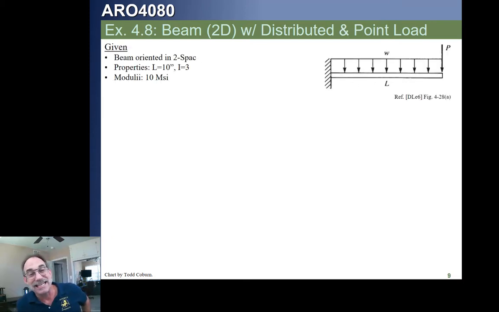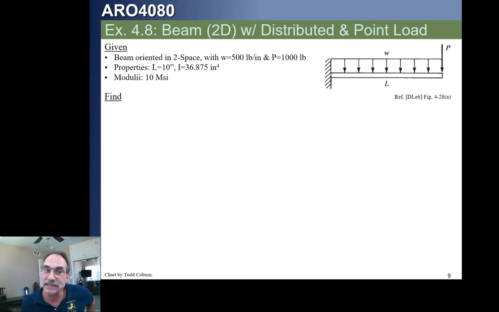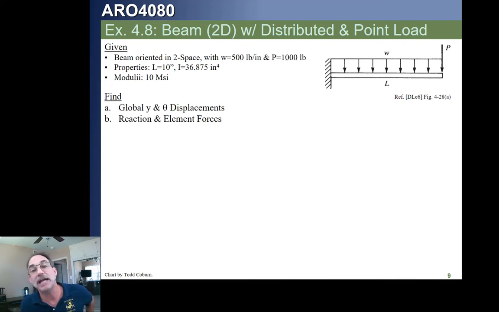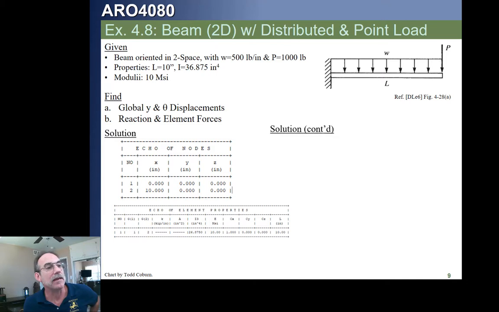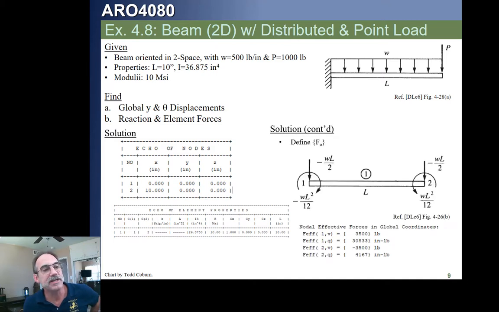This example looks identical to the last one, but now we're going to see the effects of having external loads and those simulated loads. So we have this distributed load, which we're going to have to simulate, and we have this applied load, which we already know how to handle. So it's the combination we're going to look at this time. So once again, we echo our nodes and our beam properties, and we're going to use this simulation for the distributed load.